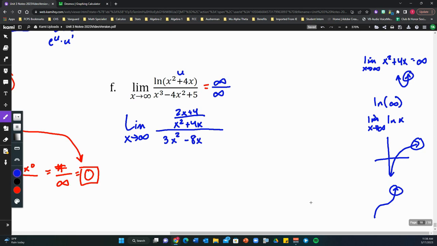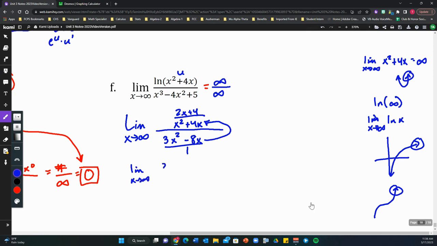Now, again, like I told you guys earlier, once we get to this point, we don't want to leave the limits as they are right now. We want to simplify the entire expression as much as possible. So this is really like the fraction up top multiplied by the reciprocal of this guy, which really means we're going to multiply these two polynomials together.